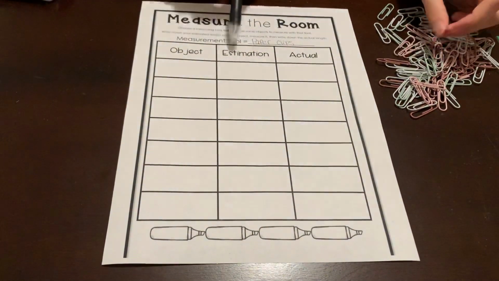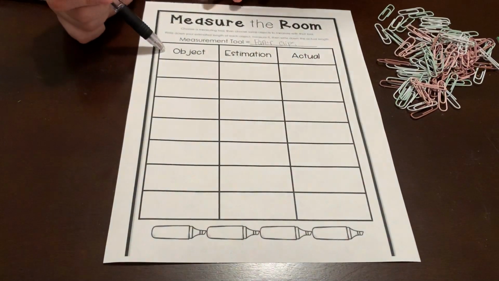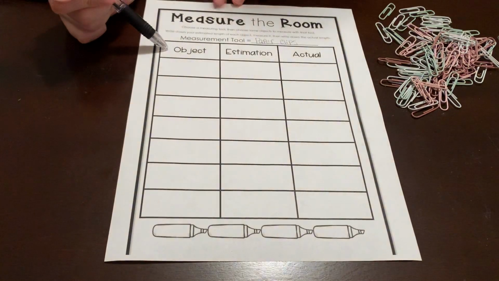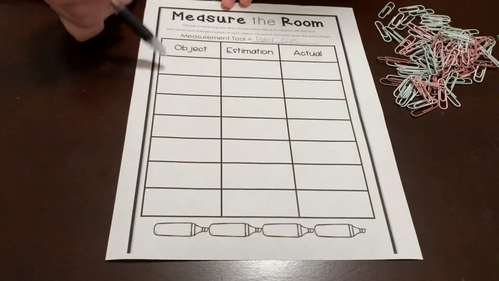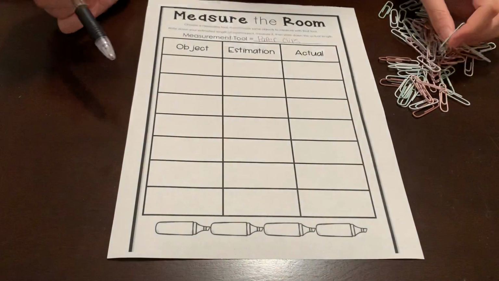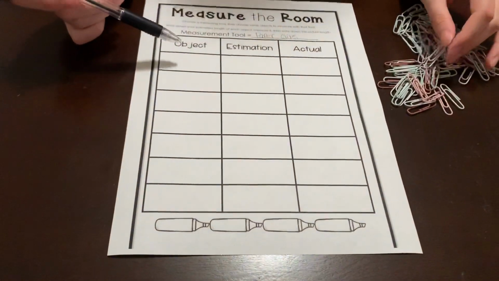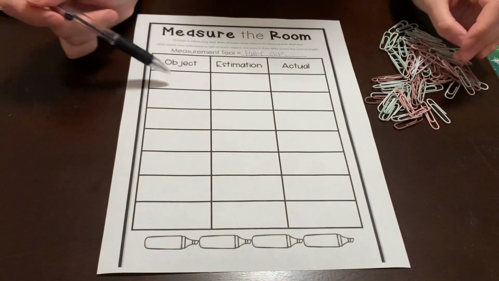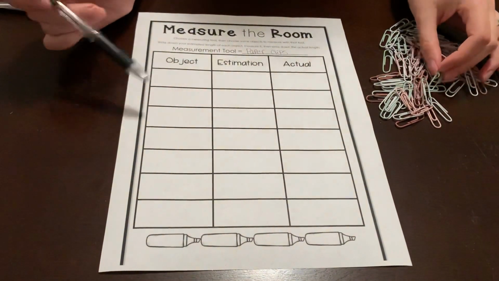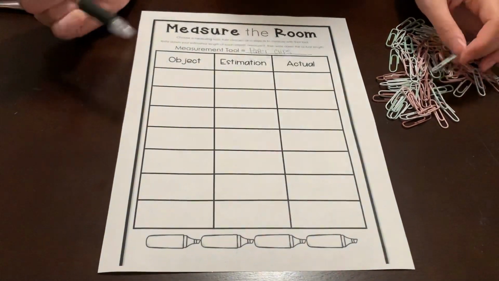So there's 3 boxes here. The first one is the object that you are measuring, and a parent can help you write these words because we're focusing on the measurement, not necessarily our spelling right now. So if a parent wants to help you with spelling your words, that's fine. So you're going to write the object, whatever you're measuring, in this box.